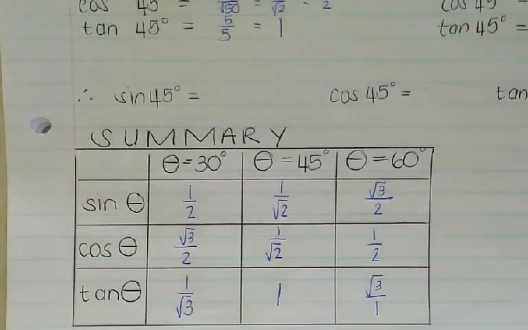Another question I have, will the 45 degree always be an isosceles triangle? Will always be an isosceles, yes. Because remember, if one is 45 and it has to be a right angle, the other one will have to be 45 to make 180.